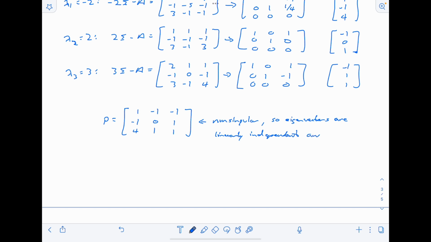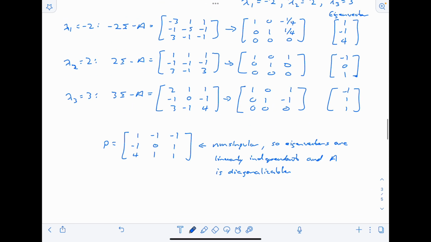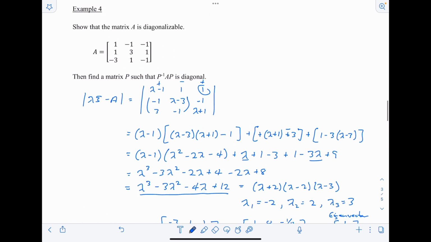And because the eigenvectors are linearly independent, and we have 3 of them for a 3 by 3 matrix, that tells us that A is in fact diagonalizable. So A is diagonalizable. Okay. So that was the first part, right? Showing that A is diagonalizable.